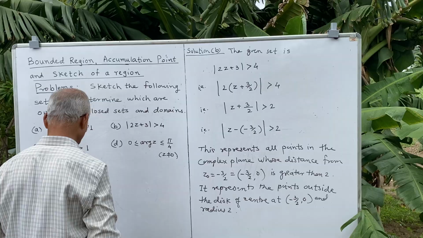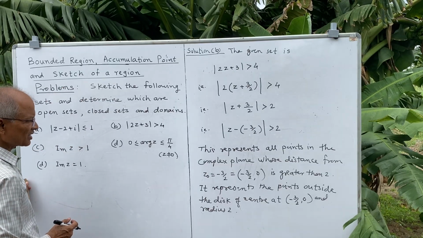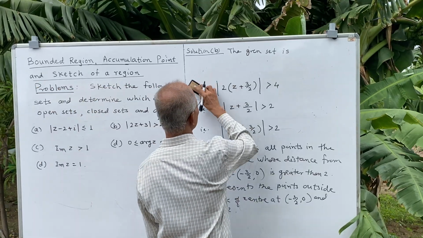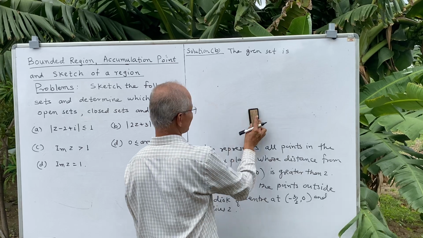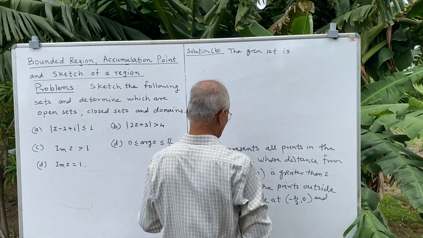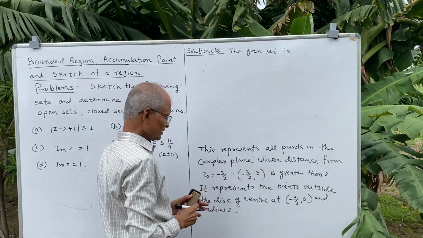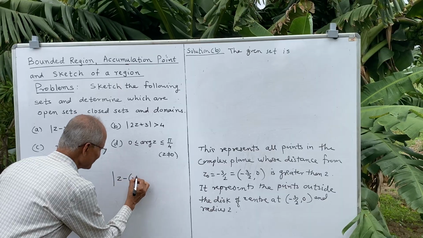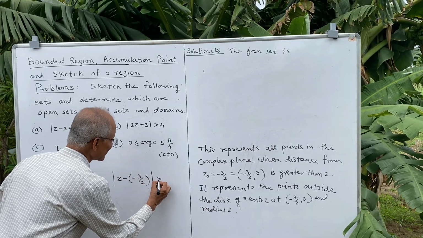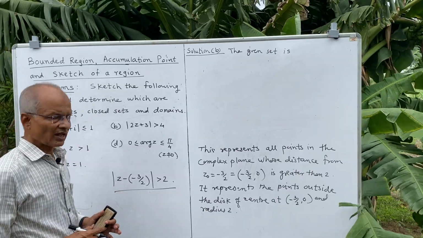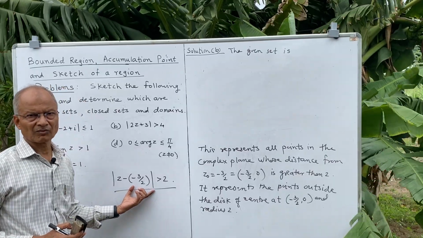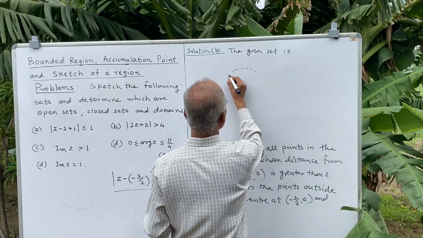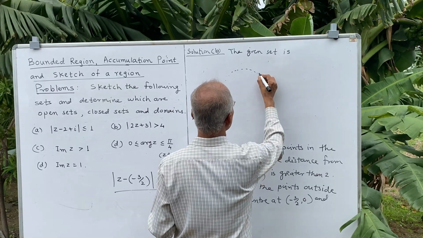Now we shall draw the figure. The center is (-3/2, 0), and the radius is 2. I shall draw the figure here. See, this is greater than, it is actually |z + 3/2| greater than 2, and therefore this set will be an open set because its boundaries are open, and we shall denote it by a broken circle, broken boundaries.